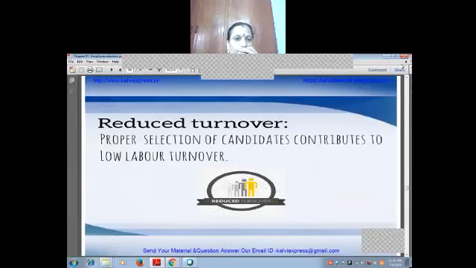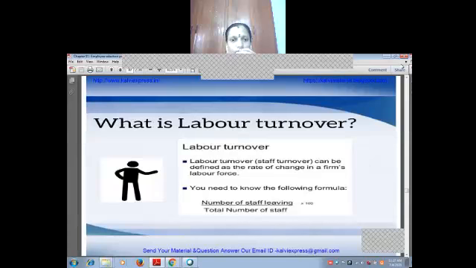Reduced turnover. Proper selection of candidates contributes to low labor turnover. So that you know, automatically the turnover will be reduced because we are selecting a very well knowledgeable person. Okay, so automatically the labor turnover will reduce. What is labor turnover?